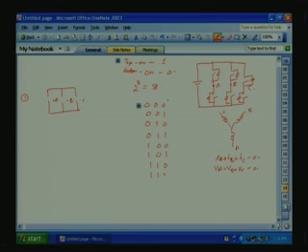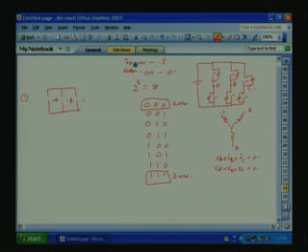As I told, these 2 are 0 states. That means, when all the top switches are on, the ABC phases will be shorted to the positive limb. And when all the bottom switches are on, all the ABC will be shorted to the bottom limb. So, these are called 0 inverter states.